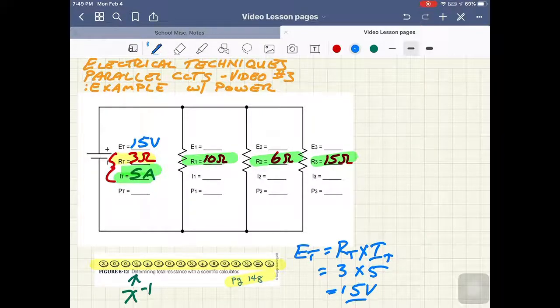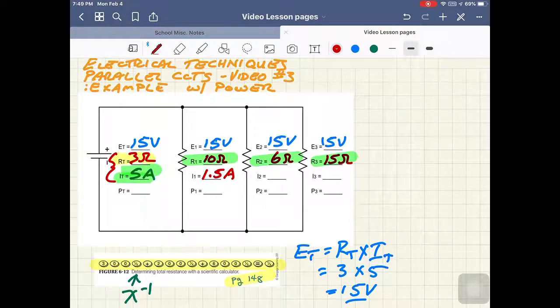Okay, I know parallel circuits, one of the characteristics are that the voltage is equal at all branches, so I can plug the 15 volts in each branch, and now I have 2 values in each branch, so I can use Ohm's law again.